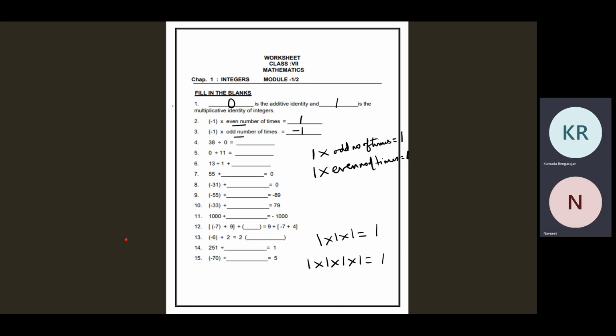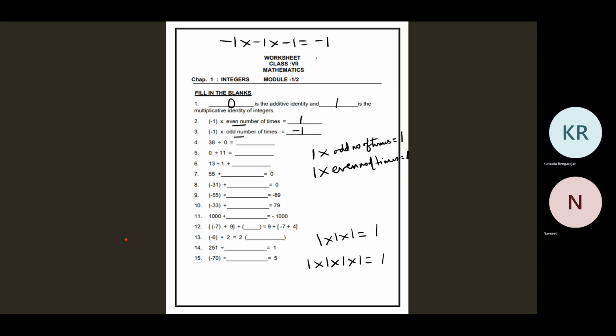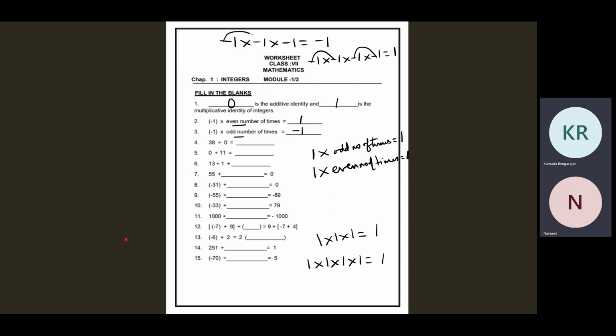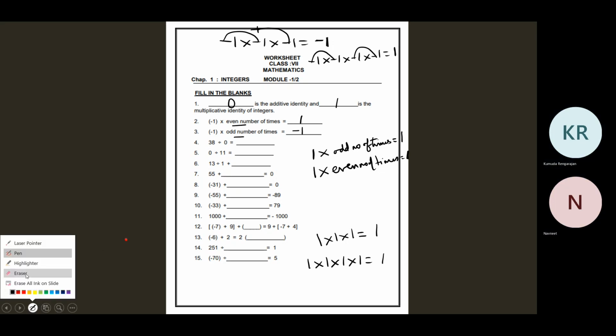So you have to be careful only when it is -1. -1 into -1 into -1 odd number of times is -1. -1 into -1 into -1 into -1 even number of times, because minus into minus is plus, minus into minus is plus. So it's a positive one. But here it is minus into minus plus, and plus into minus is minus. So -1. Correct? Very good.